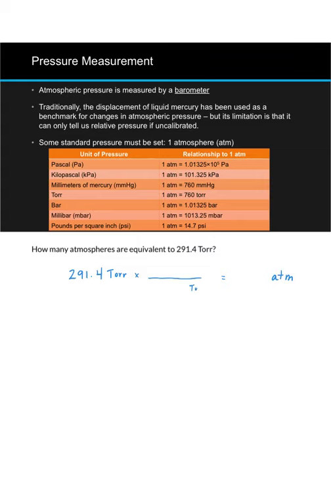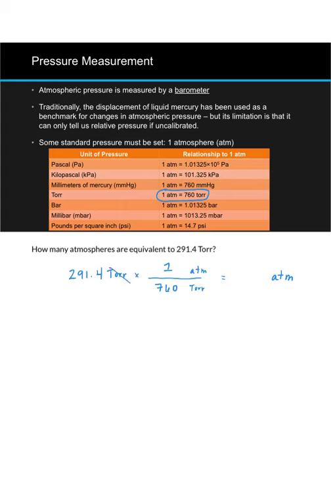That means we'll need to get rid of torr and convert into target units of atmospheres. The table up above tells us what the conversion factor ought to be that relates torr and atmosphere. Here, we're told that 1 atmosphere is equal to 760 torr.